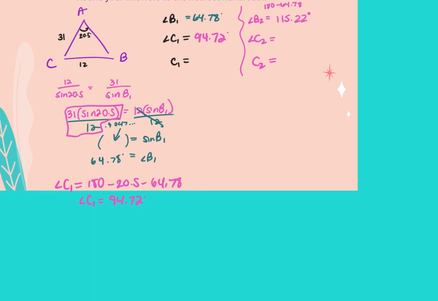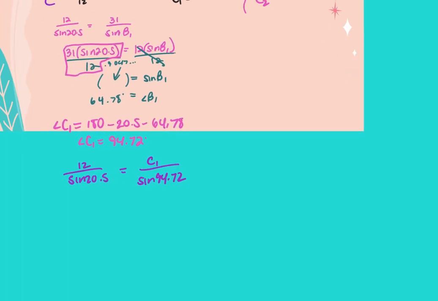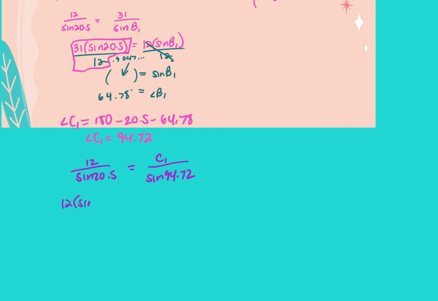And then the last thing I have to find from triangle 1 is side C1. So I do 12 over the sine of 20.5 equals C1 over the sine of 94.72. Cross multiply, and then divide.